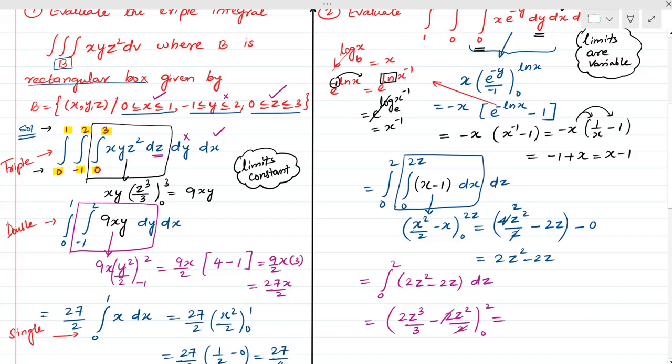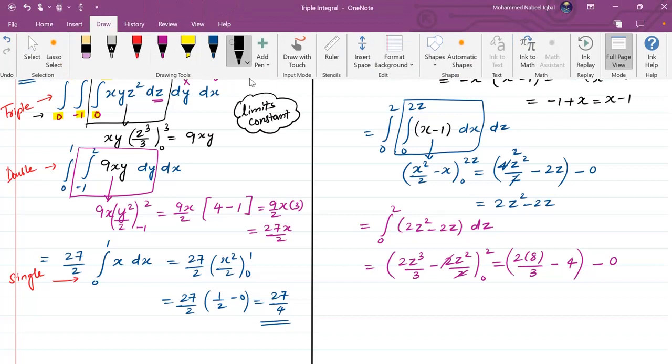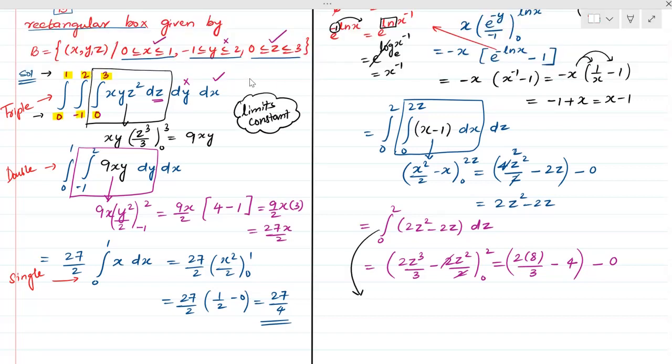Now apply the upper limit: 2 times 8 over 3 minus 4. Upper limit minus lower limit, and the lower term is 0. Then use the calculator and directly write the answer. The answer will be 5 over 3. Same rule for all the problems.